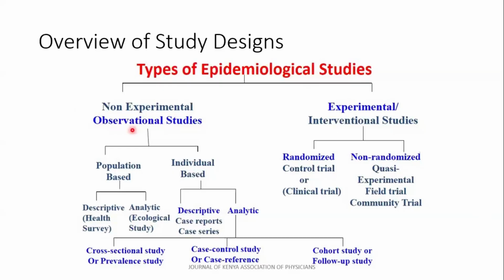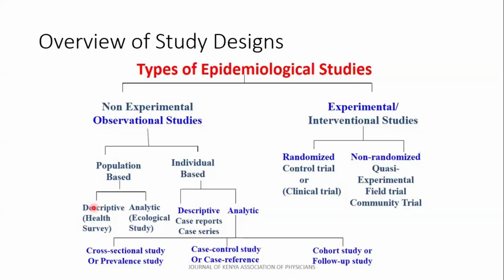So observational studies are first classified as population-based, where we look at a certain population as a whole. So maybe a country, a region, say East Africa or Sub-Saharan Africa, and they can either be descriptive, so we just describe the characteristics of that population.